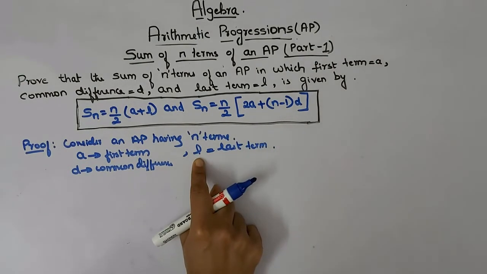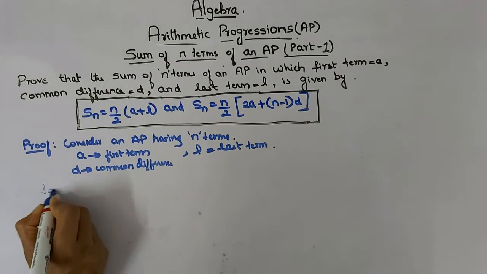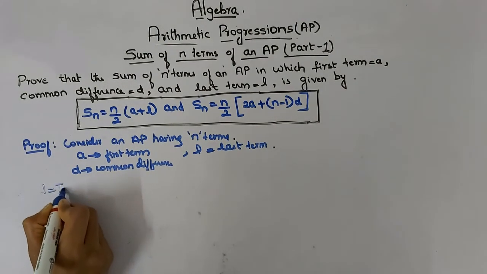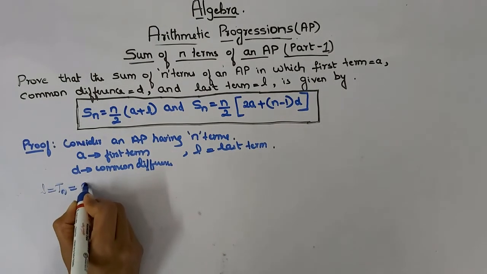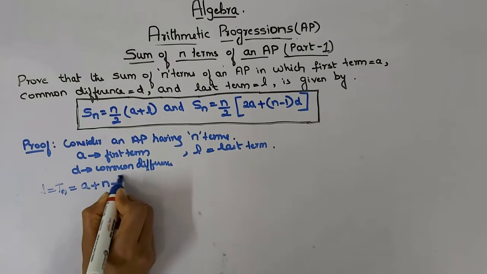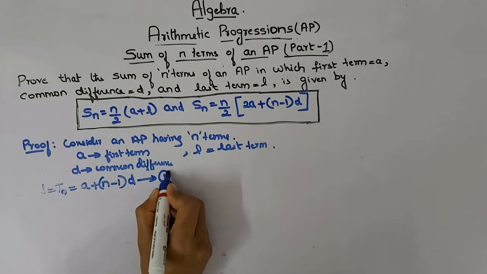So here l is nothing but your nth term, that is Tn, which is nothing but, we know the nth term is given by a plus (n minus 1) into d. Let's take this as equation 1.